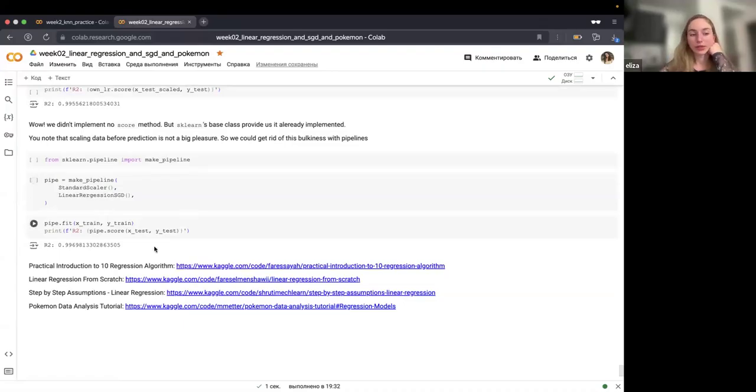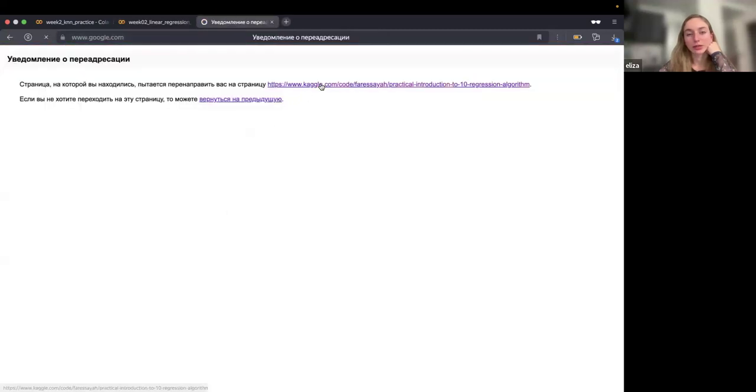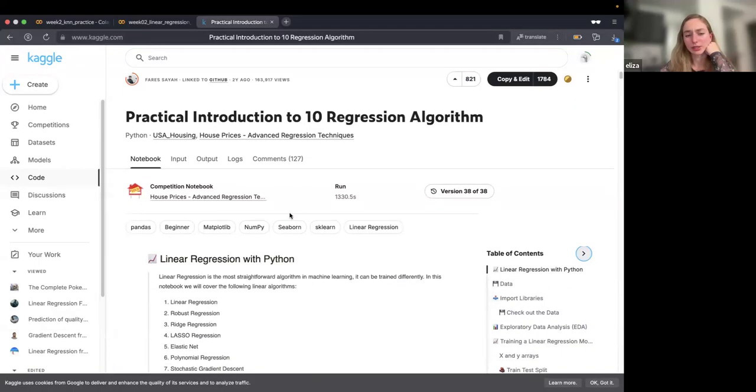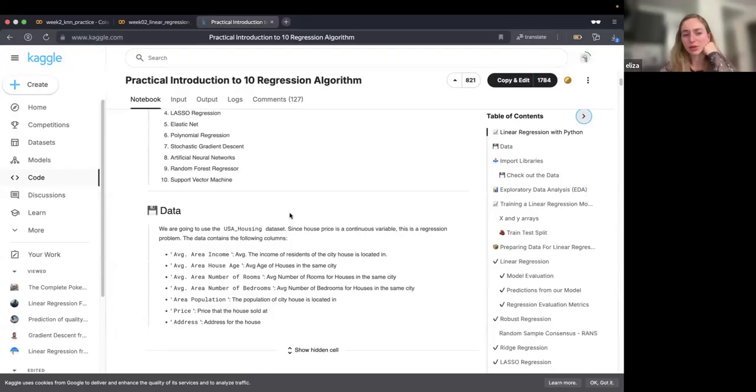At the end of this notebook, I added some useful links to Kaggle notebooks. You can see them in the materials which I will send after our seminar.